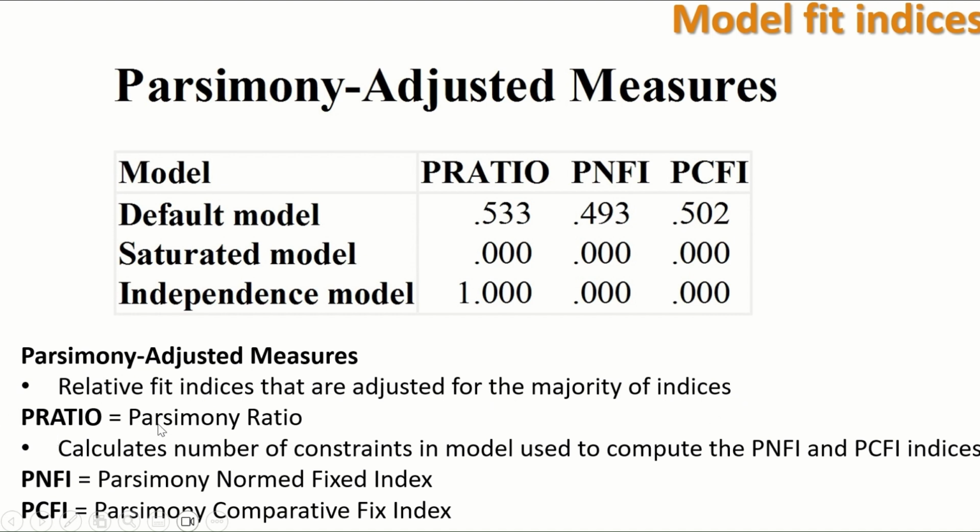The ratio is the parsimony ratio. It calculates the number of constraints put on a model, used to compute the PNFI and PCFI indices. PNFI is the parsimony normed fit index, and the PCFI is the parsimony comparative fit index.